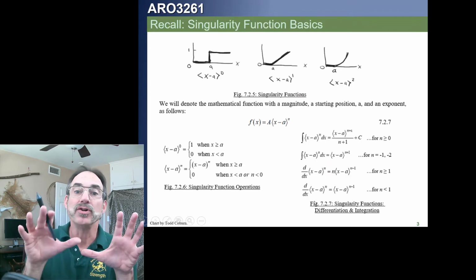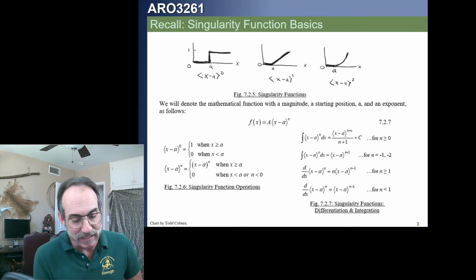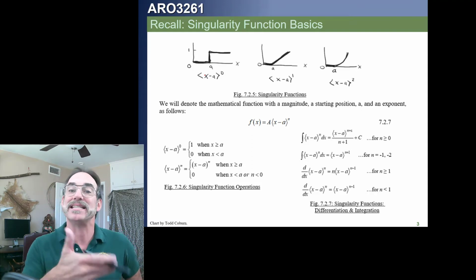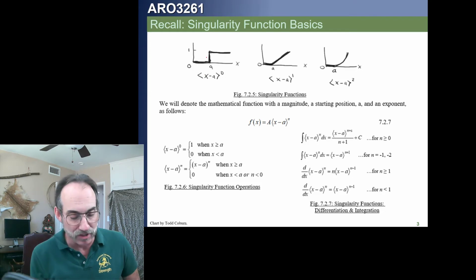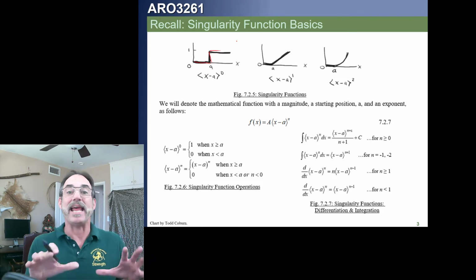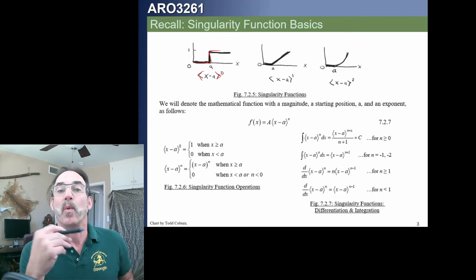we also looked at singularity functions. We defined how the singularity function gives us the ability to characterize something that has a singularity in the function. For example, it springs from nothing to something in a sudden manner. The way we identify these is with these carets instead of regular parentheses.